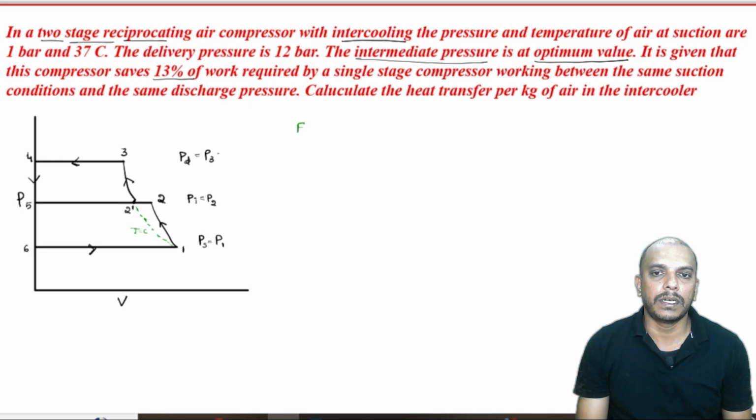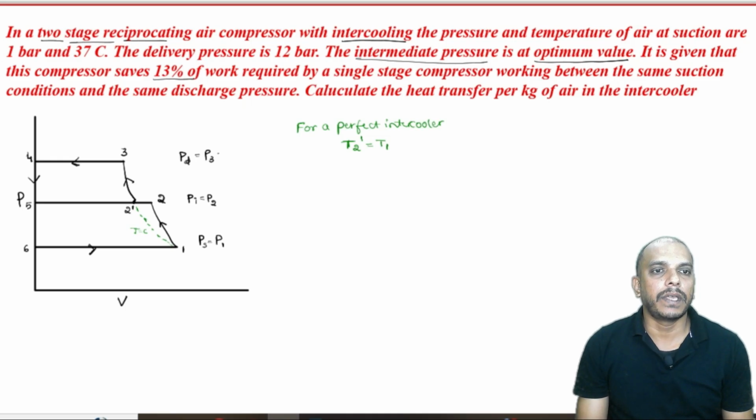So, for a perfect intercooler, which means intercooler can cool it back to initial temperature. So, T2 dash must be equal to T1. That is what perfect intercooling means. Because he has not mentioned anything about intercooling temperature, we are assuming that it is a perfect intercooler.